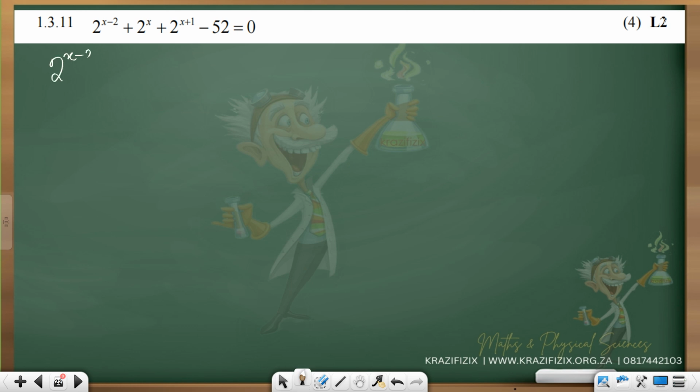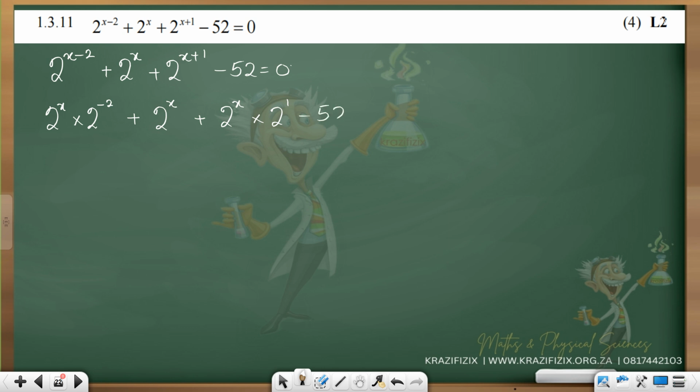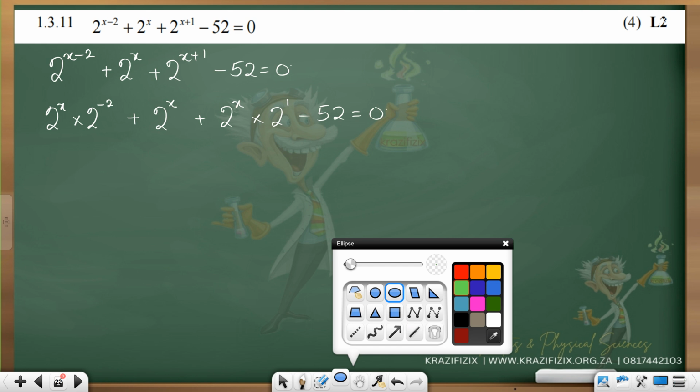2 to the power x minus 2 plus 2 to the power x plus 2 to the power x plus 1. Okay, let's split it. This is 2 to the power x times 2 to the power negative 2, plus 2 to the power x, plus 2 to the power x times 2 to the power 1, equals 52. What I notice quickly is this, guys.